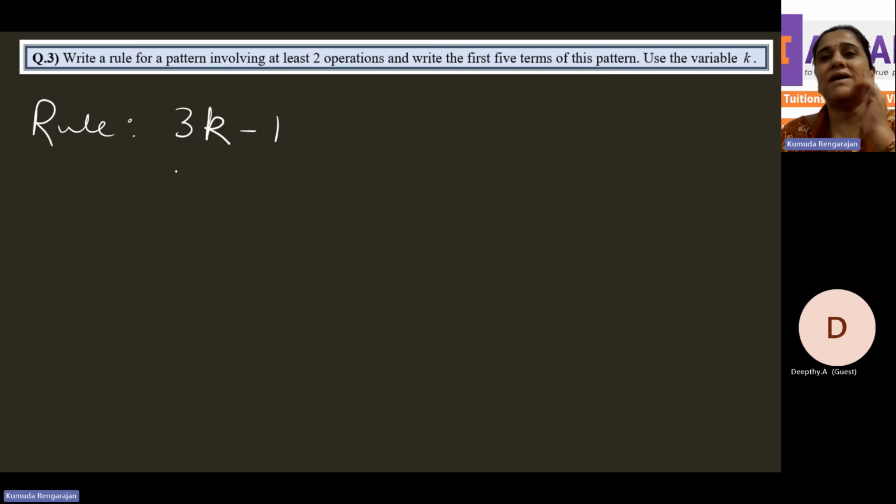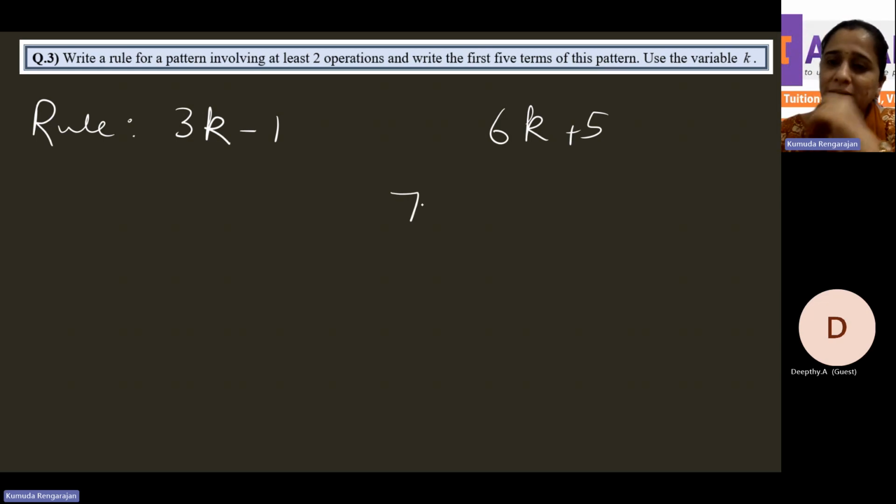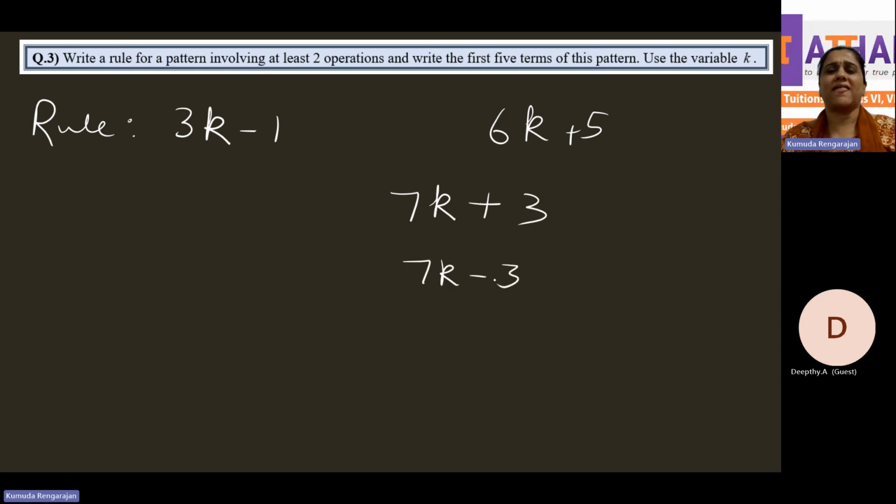Okay, so 3k minus 1. Just write anything, like you can write 6k minus 5 or 6k plus 5. Anything. Take a number, multiply that with k and add something or subtract something. You can say 7k and subtract 3. That's the question. Write a rule for any pattern.